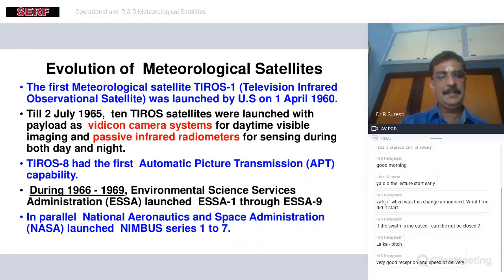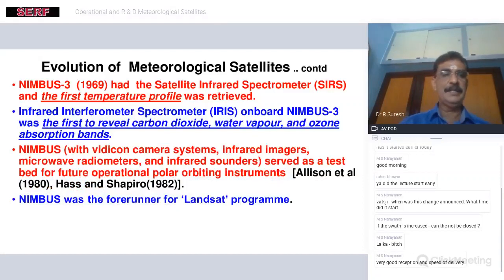Then the Environmental Science Services Administration, ESSA, started launching a series of satellites, ESSA 1 to ESSA 9. Contemporarily, the National Aeronautics and Space Administration, which we used to call NASA, launched a series of satellites named Nimbus 1 to 7.